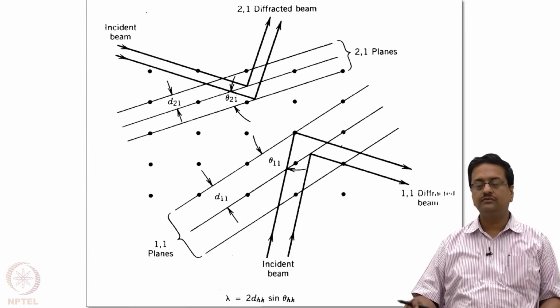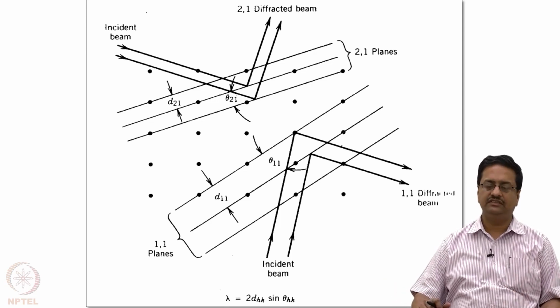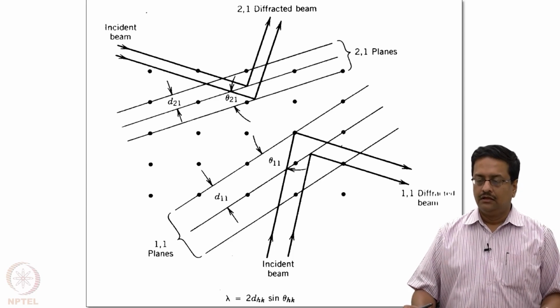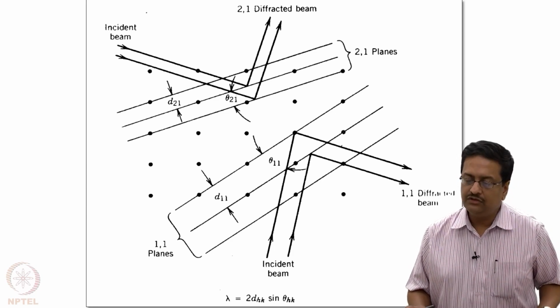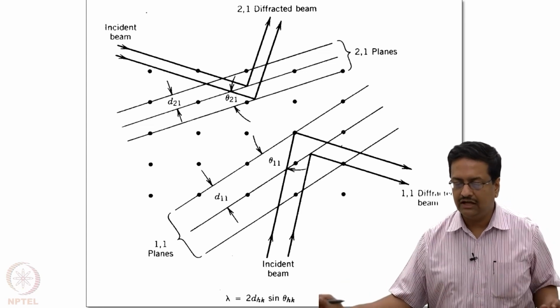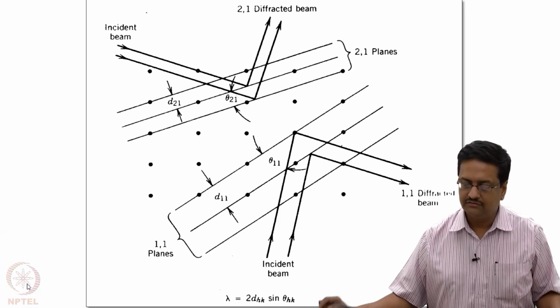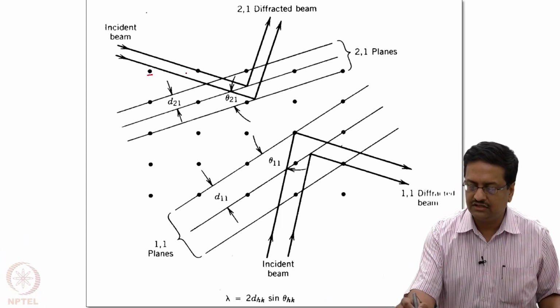So now, in order to understand the origin of this systematic absence, I once again would take help from a two-dimensional presentation. Suppose this is a two-dimensional primitive lattice where you have lattice points only at the corners as shown here.